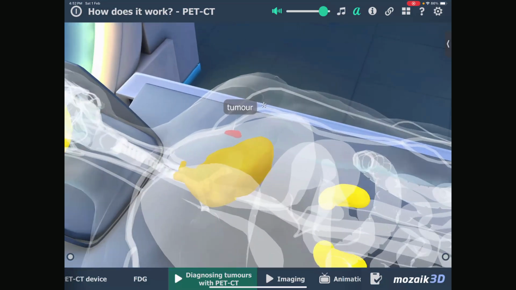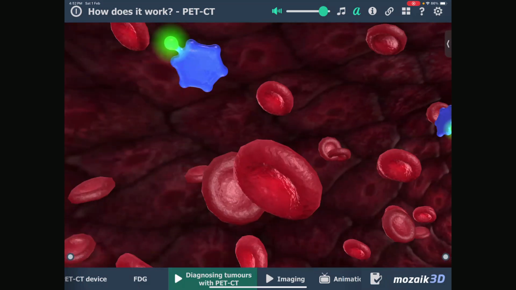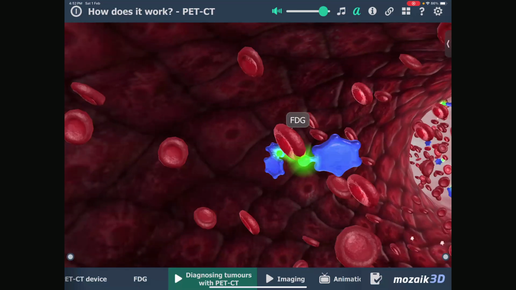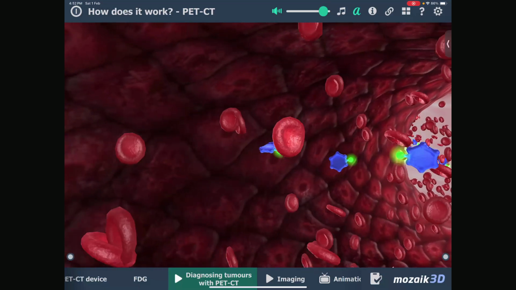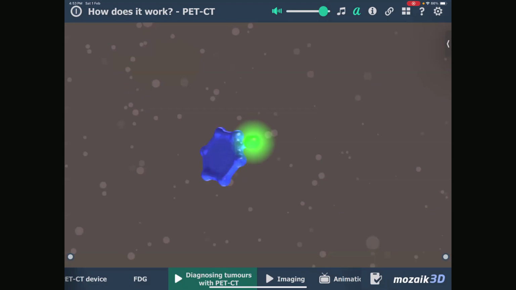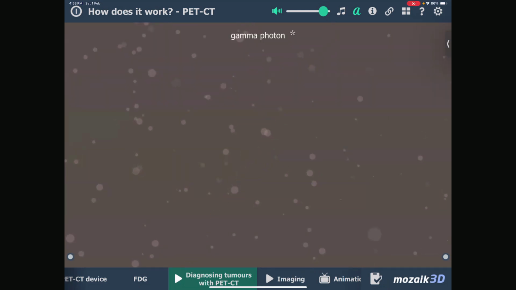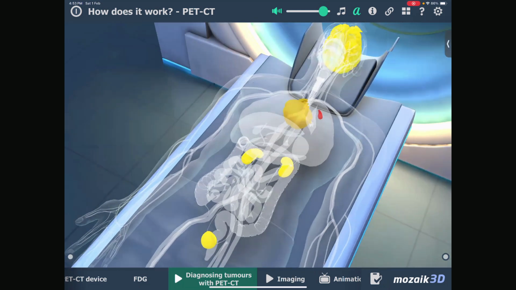So as the molecules are going here, you watch for a while what happens. So your body absorbs them, right? And there are plenty of electrons nearby, and the positron meets an electron, and 2 gamma photons come out, and the 2 gamma photons that come out are shot outside the body.